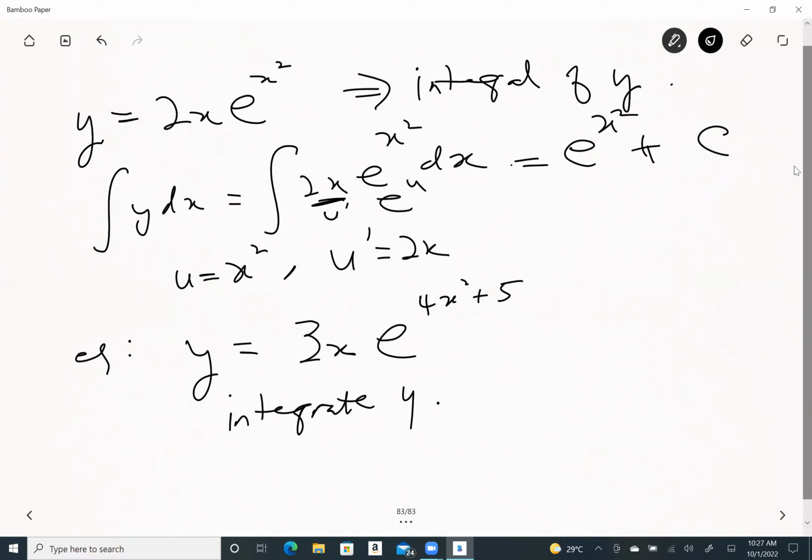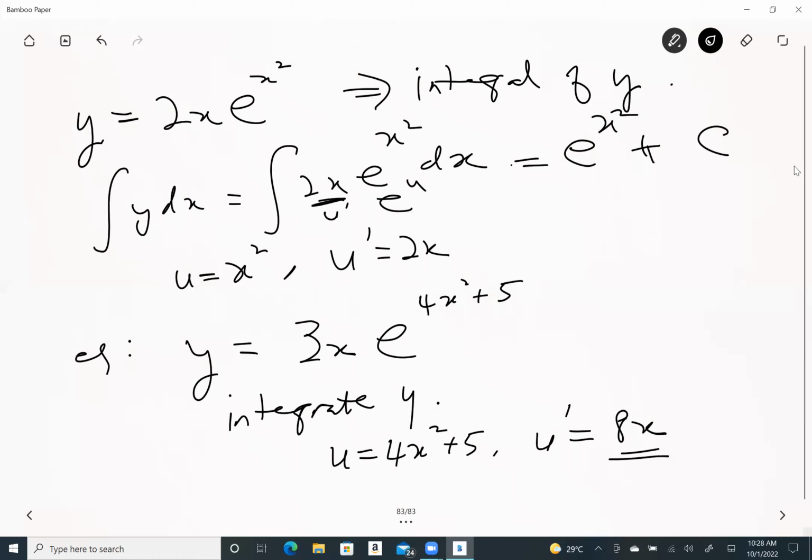You let u be equal to 4x squared plus 5. Now what is u prime? 8x. Okay, you have 8x. U prime is 8x. But we don't have 8x. I have only 3x, which is not equal to u prime.